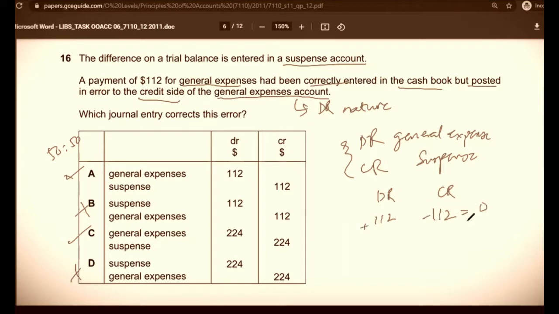So plus minus, there would be no impact, but I need to record the general expenses. Therefore, I would debit double the amount than the credit, and I would get a balance of 112 on the debit side. This is what I need to correct this error. Therefore, the correct answer to multiple choice 16 would be option C.